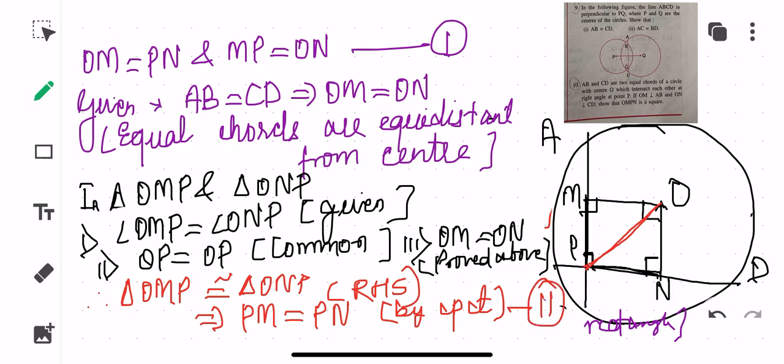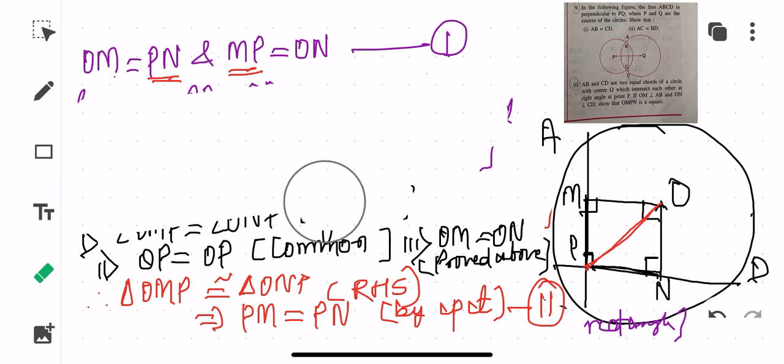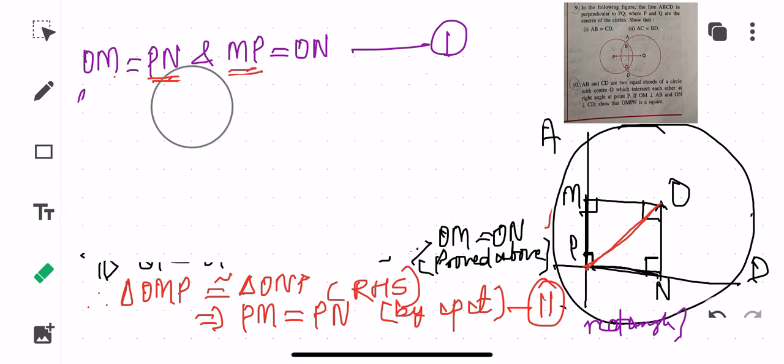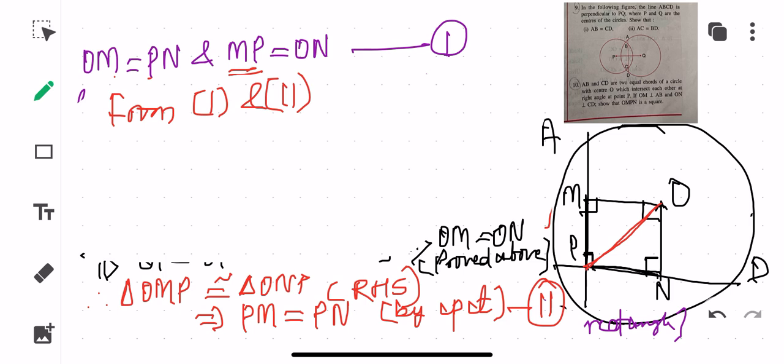Now what you can see, children, here, is that PM is equal to PN. So, from 1 and 2, what am I getting? I am getting that OM is equal to PN, okay, and MP is equal to ON.